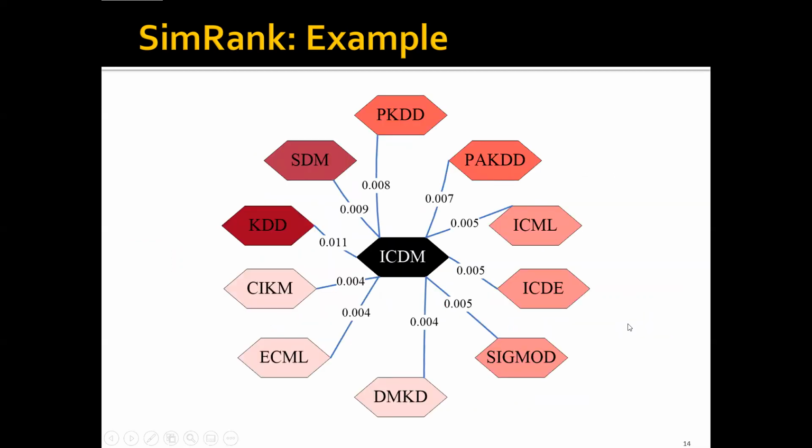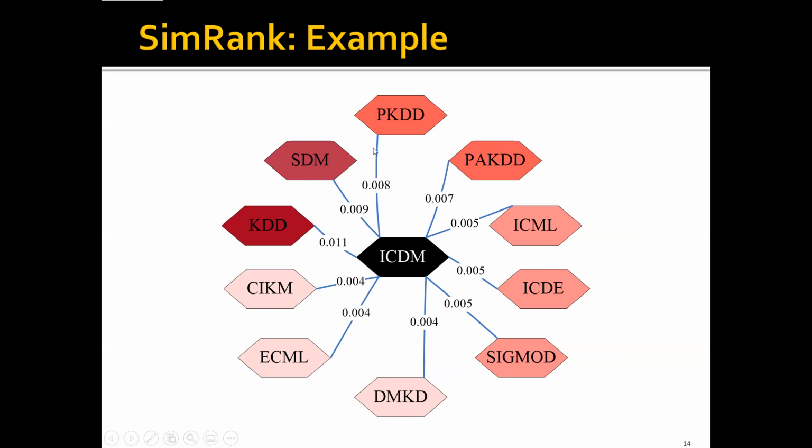If we run the topic-specific PageRank algorithm with the teleport set of ICDM, we get the following results, and this is actually a very intuitive result. The closest conference to ICDM is KDD, which is a top conference in data mining. The second closest is SDM, which is also a data mining conference.